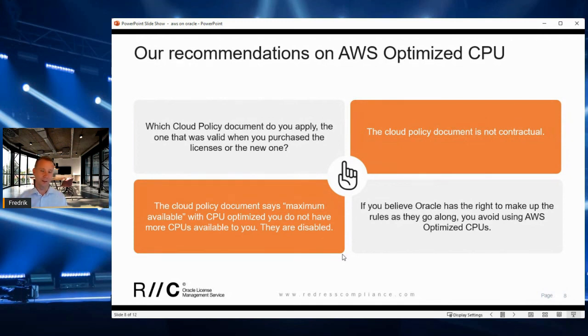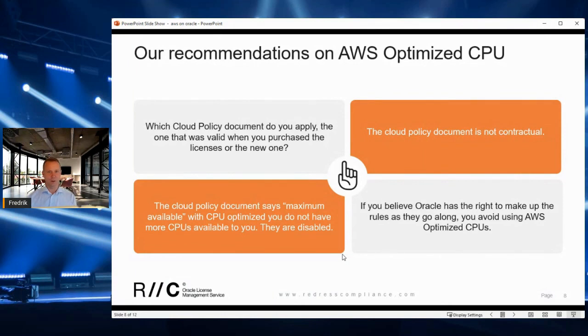We think it's important that you're aware that Oracle has a policy document which is not very clear on how to license the software. It's open for interpretation. It reminds us of Oracle licensing on VMware, for example, or soft partitioning. And it means that you have a decision to make.